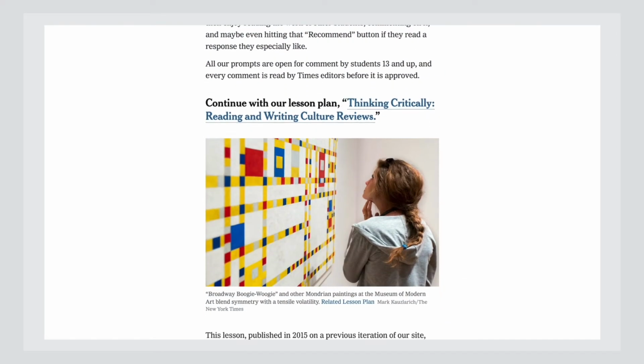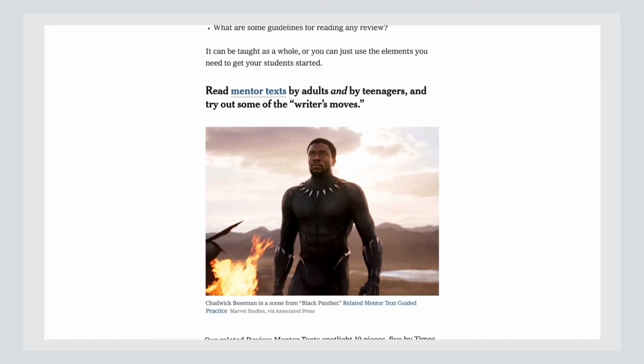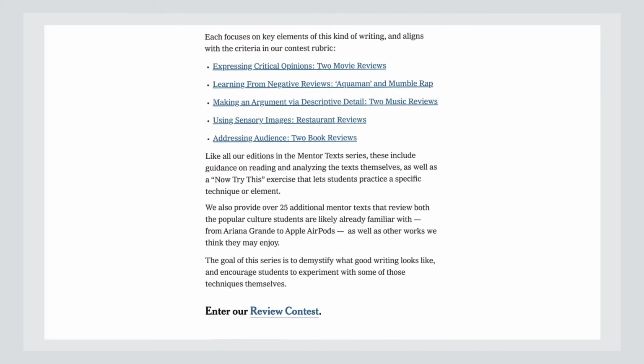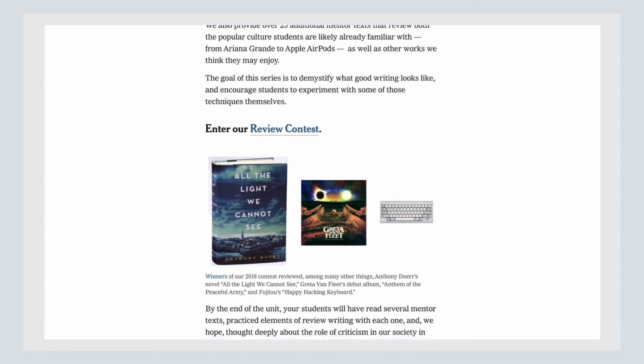We have a lesson plan around thinking critically by reading and writing culture reviews. We have several mentor texts, some of which we'll be exploring today, by adults and teenagers, where students can try out different review writers' moves. And finally, we have our review contest. And in a moment, we'll tell you more details about that.